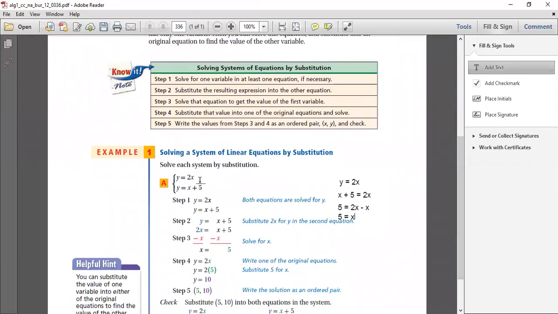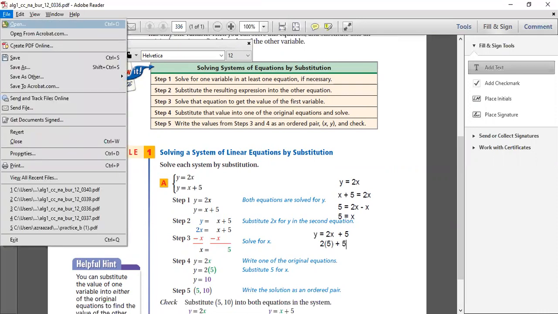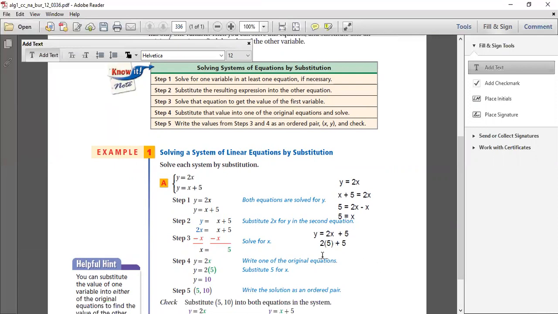To do that, choose any one equation. I choose this one. So you have to write y is equal to x plus 5. Sorry, what did I do here?